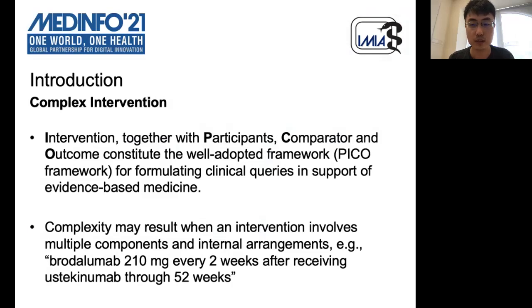The involvement of multiple components and internal arrangements result in complex interventions. For example, brodalumab 210 milligram every 2 weeks after receiving ustekinumab through 52 weeks.